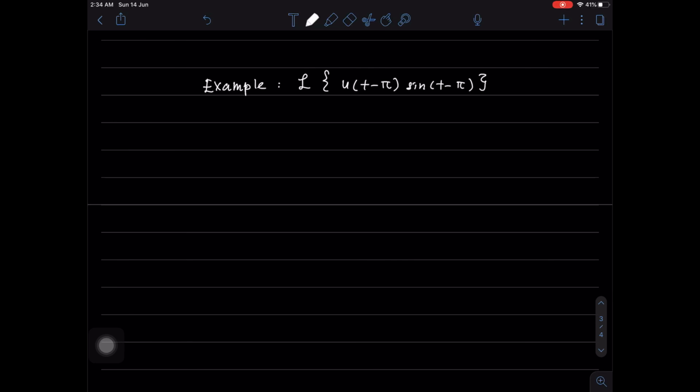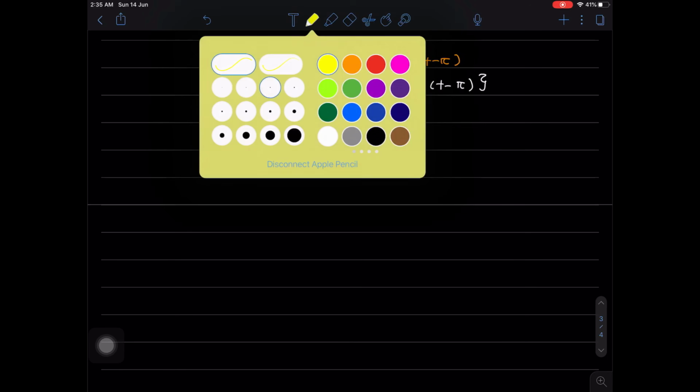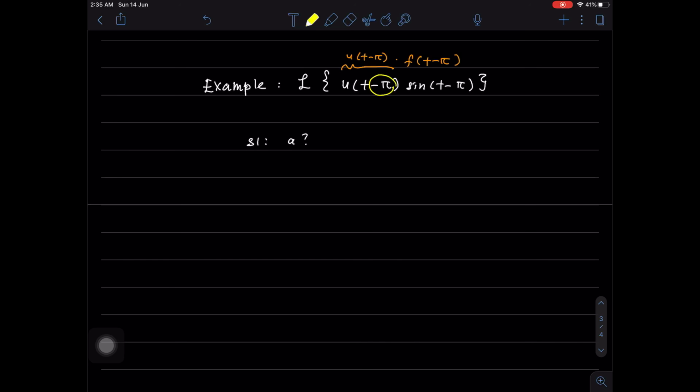We know that whenever we have the function u(t-π), the rest of the function is actually f(t-π). The first step is to find the value of a. From here you know that a is equal to π.